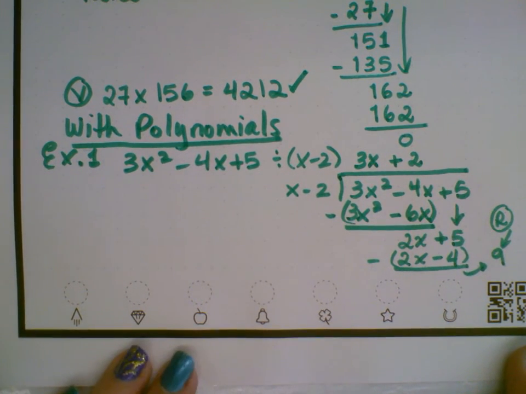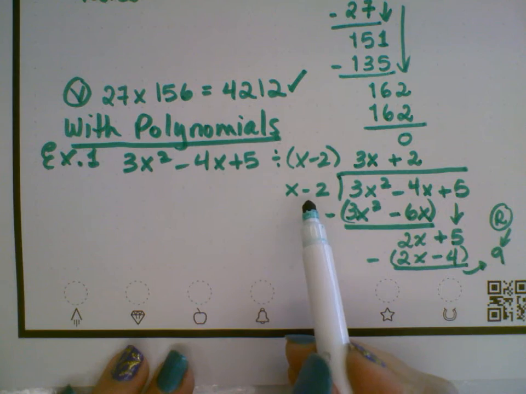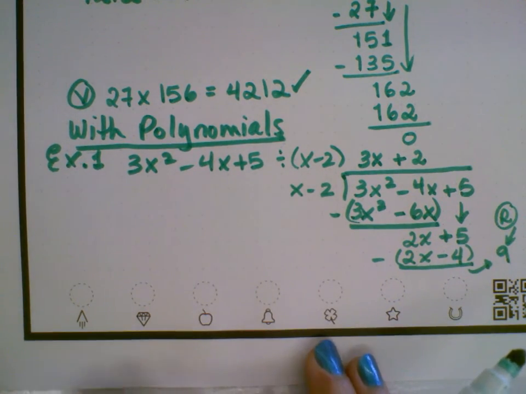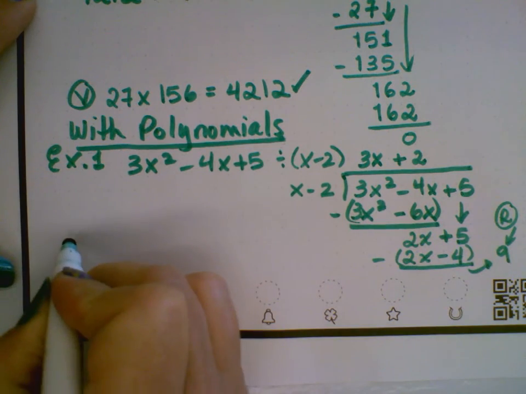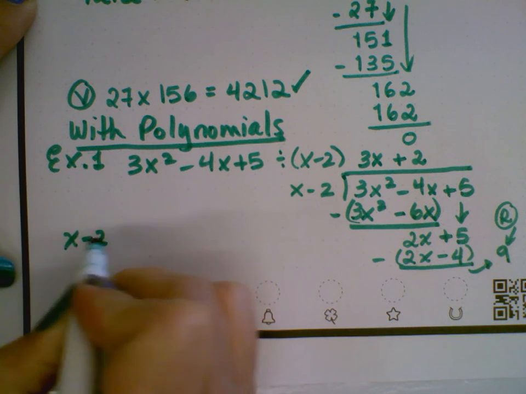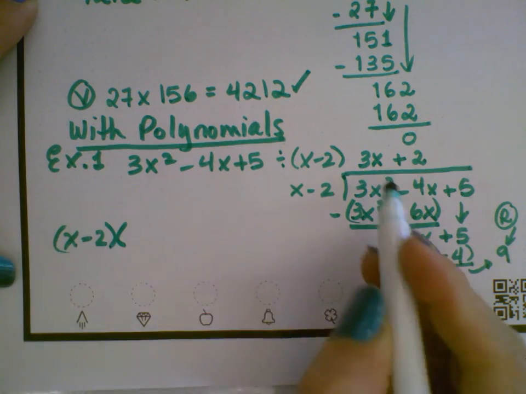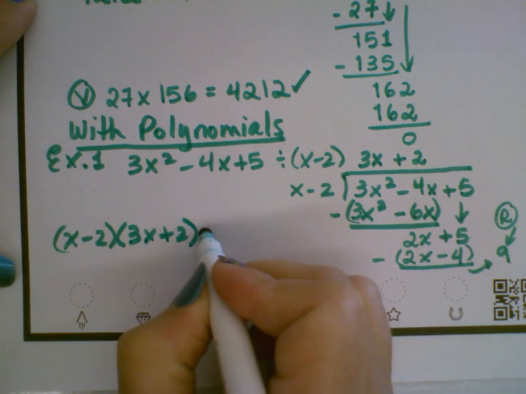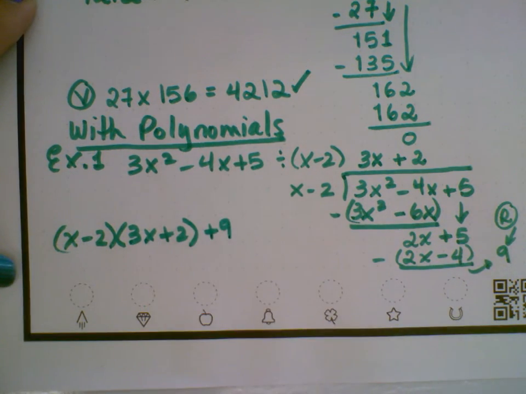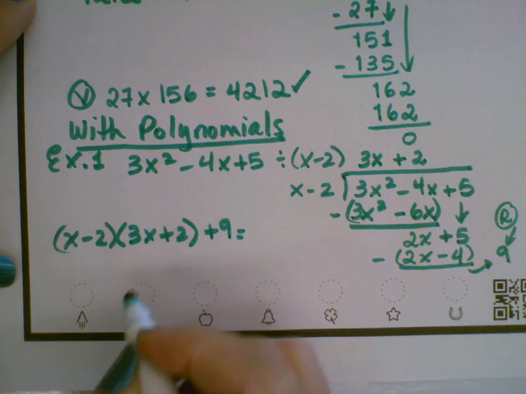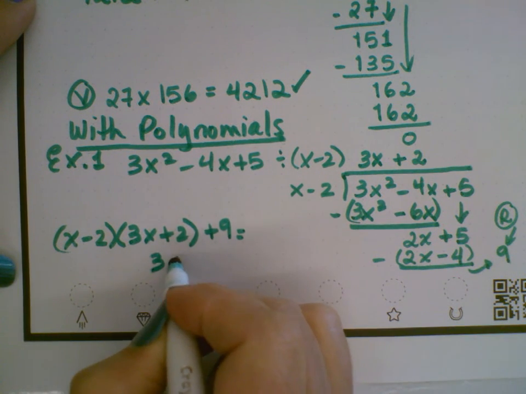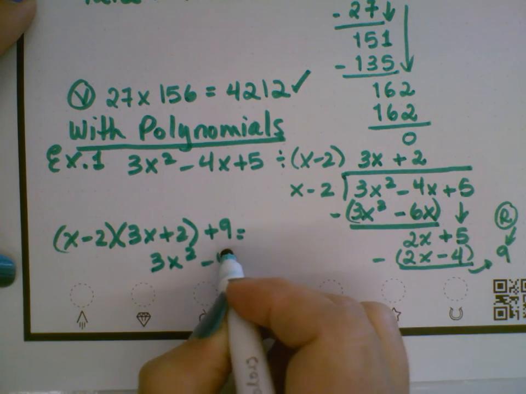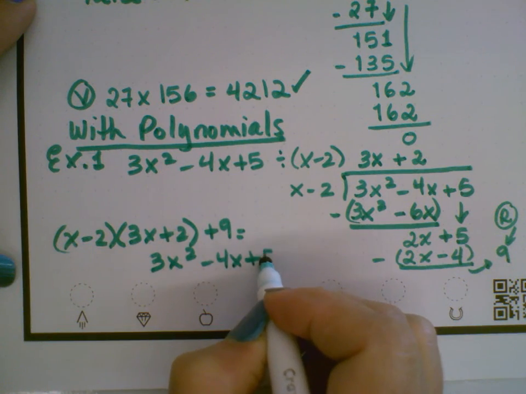So the statement that I would write that represents this division is that x minus 2 times 3x plus 2, plus 9, would give me the trinomial that I started with, 3x squared minus 4x plus 5.